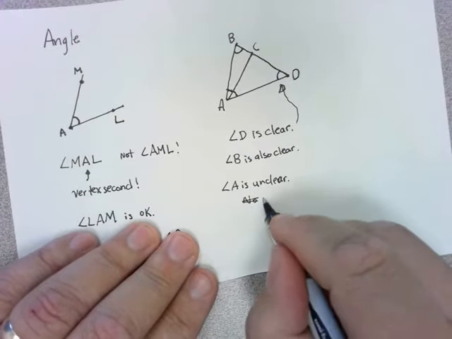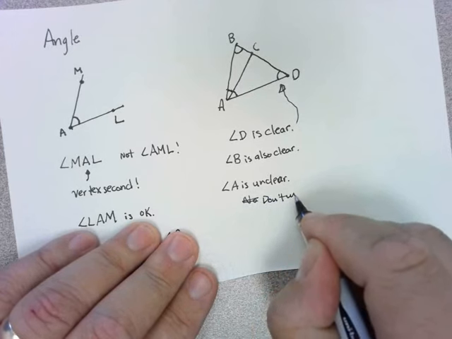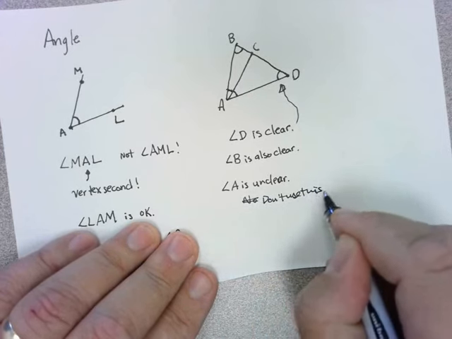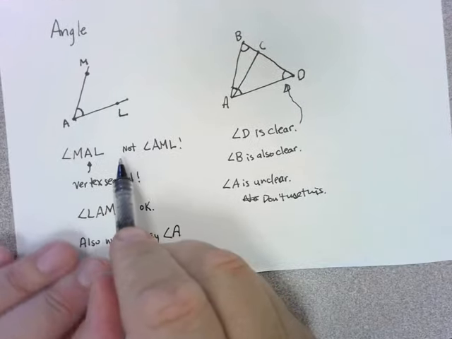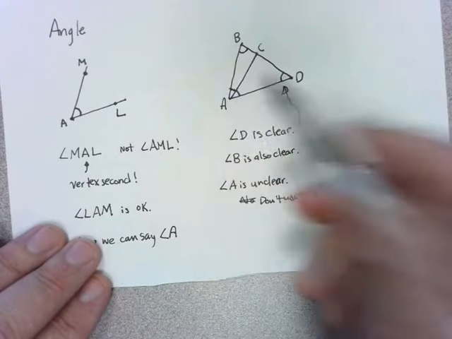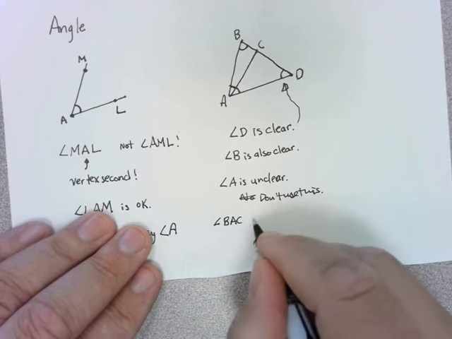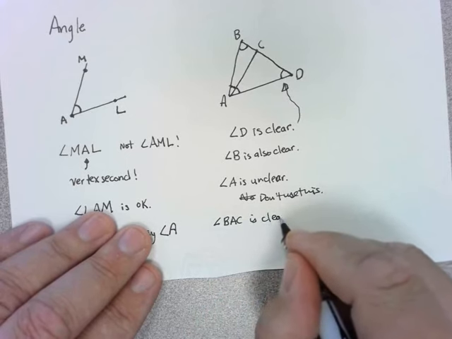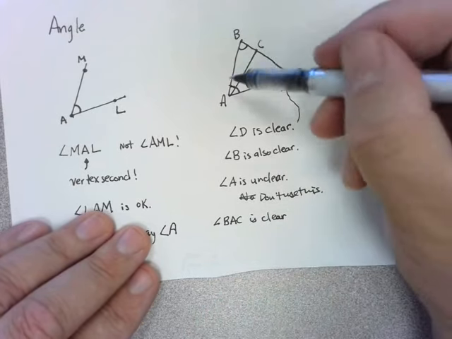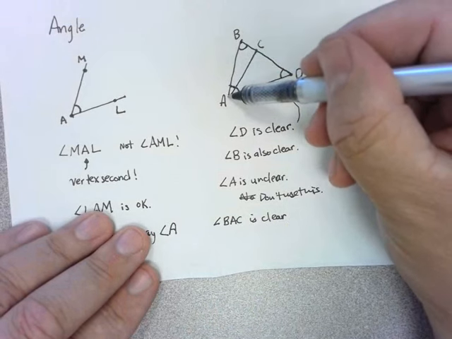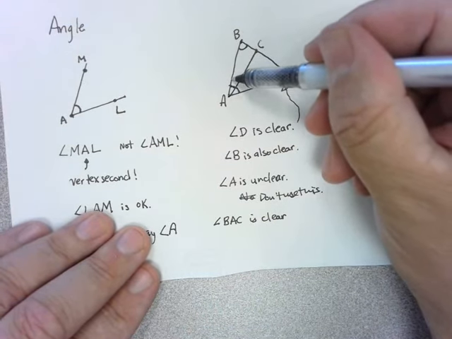Instead, we'd have to give the longer name. If I wanted to talk about one of these angles here, I could say angle BAC is clear. That would be the angle that turns from there to there.